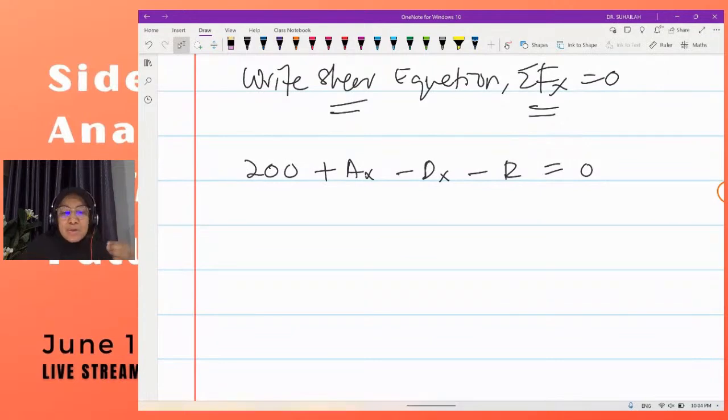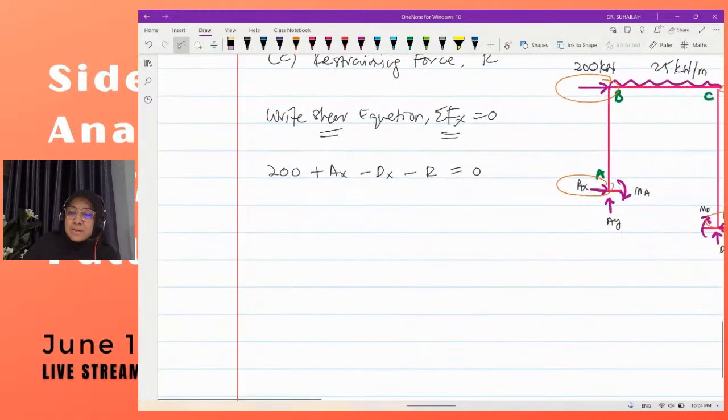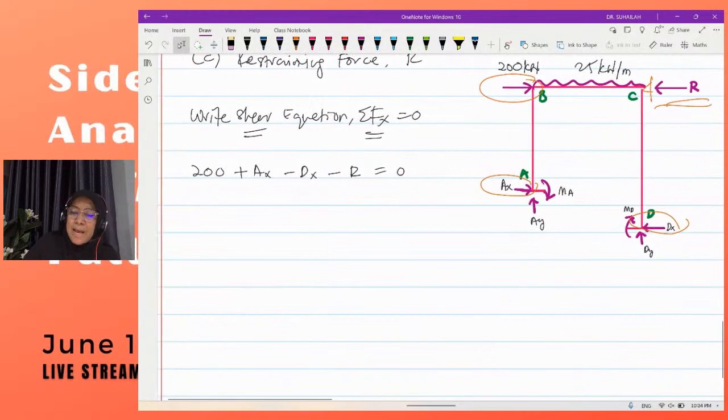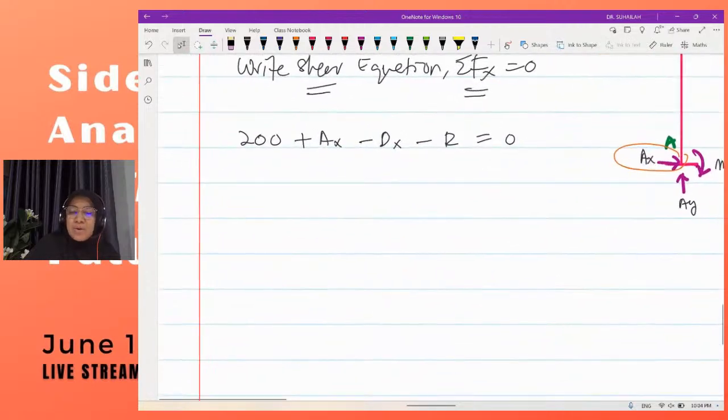You cannot have this equation without the diagram. You have to show your Ax and your dx, then only you can write the shear equation: 200 plus Ax minus dx minus R. Then only we can get R.